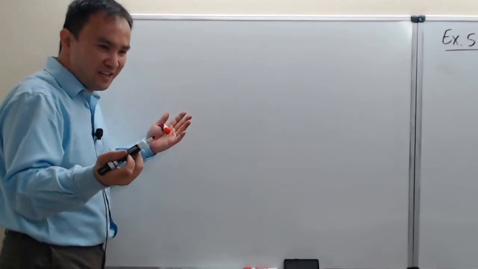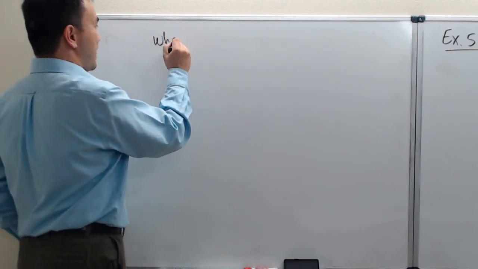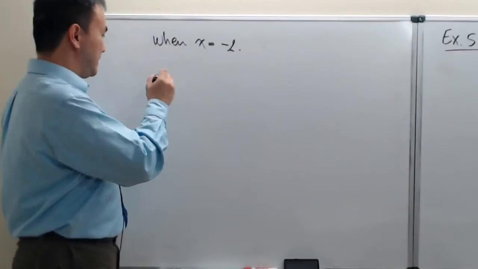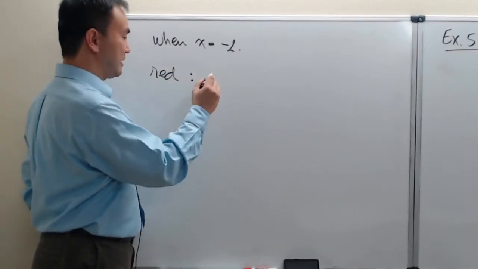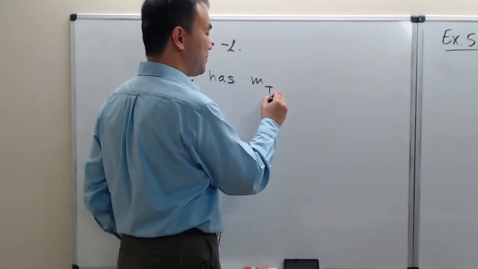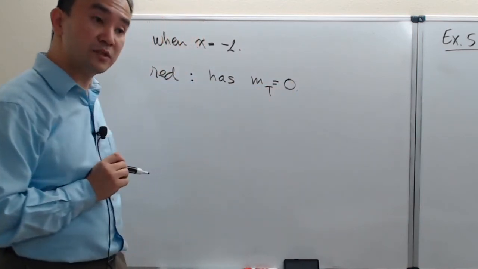And there's not even any written steps needed for this. But see, when x equals -2, as I pointed out, it looks like the red curve, the red function, if we place a tangent line there, is going to have mt equals 0.